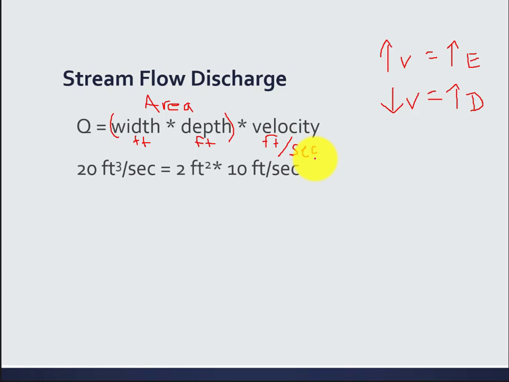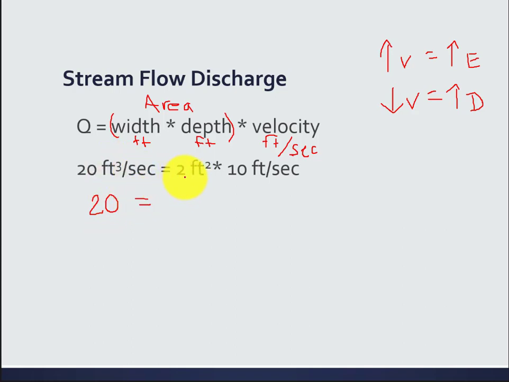So my hypothetical very, very small stream has an area of 2 feet squared, and the velocity is 10 feet per second. I want you to think about what would happen if we kept this number the same, but we changed one of these numbers. Let's say Q remains the same, 20 cubic feet per second.